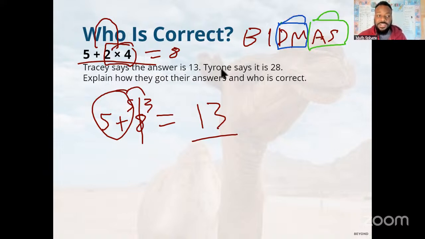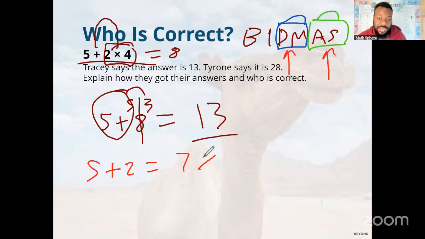But if we're going to deal with one from the division multiplication group and another from the addition subtraction group, we can't treat them as if they operate the same way on the same level, because they don't. So they must have done 5 plus 2, which gives you 7, and then times that by 4, which gives 28. So they dealt with it in the wrong order of operations. Right, let's move on.